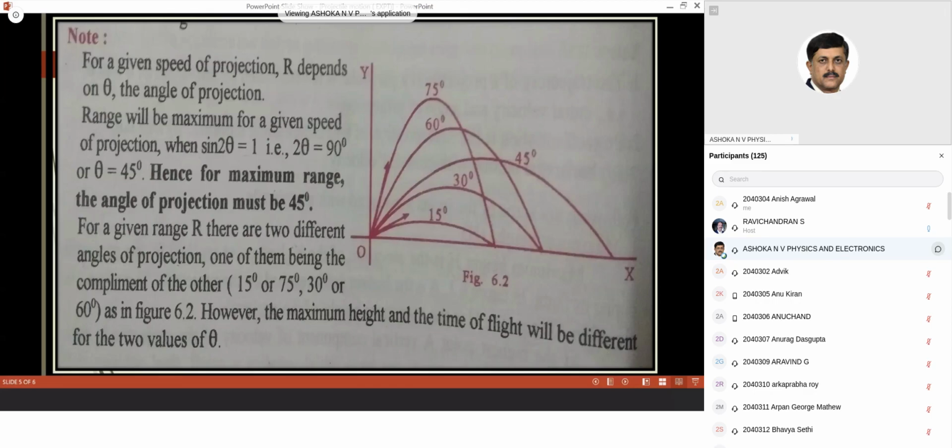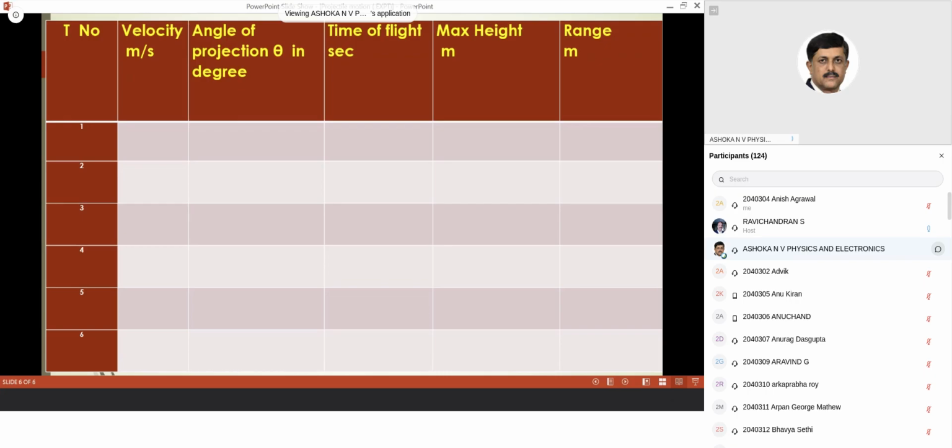So this is about the theory of projectile motion, what we can analyze, what we can study, or what are the things we can realize based on projectile motion. For this, I have put this tabular column with a minimum of 6 trials. I want to see all of you doing it, taking readings and entering them.